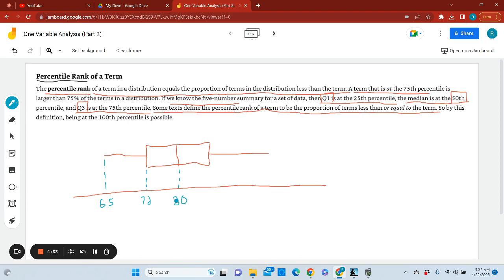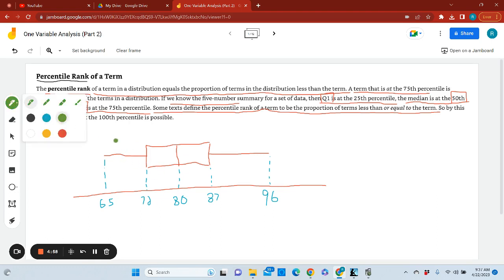I'm just making these up as we go here. Maybe the third quartile is represented by an 87, and maybe the highest score on the exam was a 96, let's say.